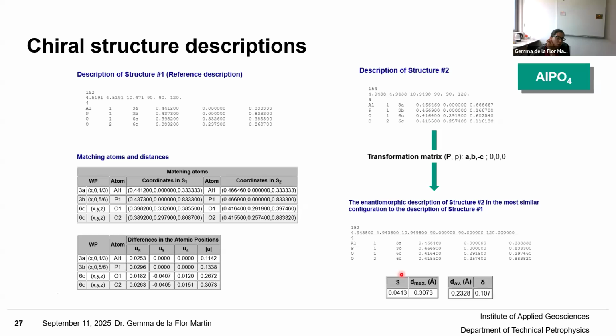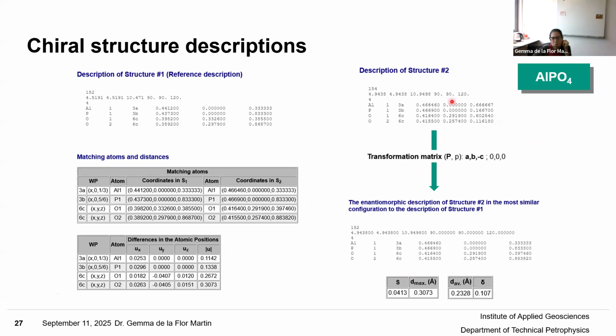One should take into account that in order to compare the structures, the program COMPSTRU has to transform the second structure into its enantiomorph through the inversion. And this enantiomorph is compared with the reference structure following the usual procedure.